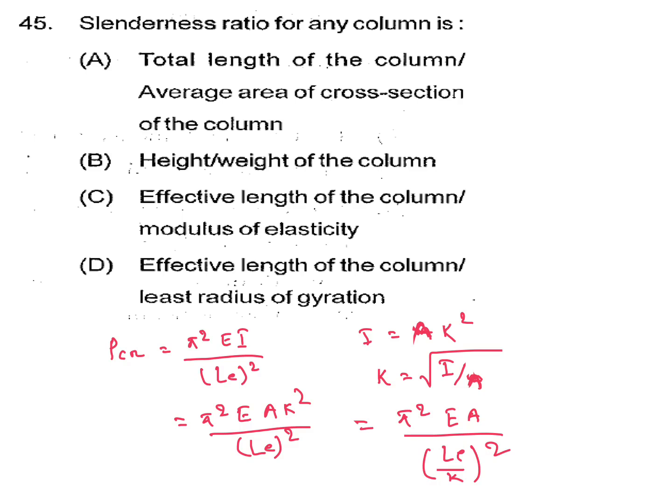This L effective by K is our slenderness ratio. So slenderness ratio is effective length by least radius of gyration. From the options, effective length of the column by least radius of gyration. D is our answer.